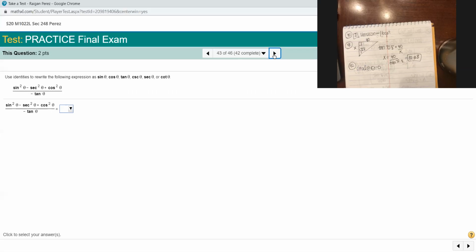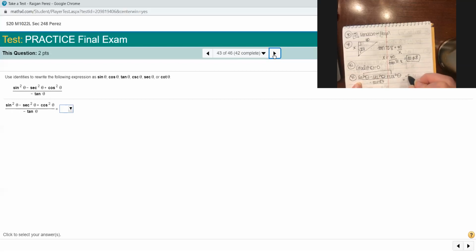Okay, rewrite as an identity. So 43. I've got sine squared theta minus secant squared theta plus cosine squared theta over negative tangent theta. So my Pythagorean identity, sine squared plus cosine squared is 1.